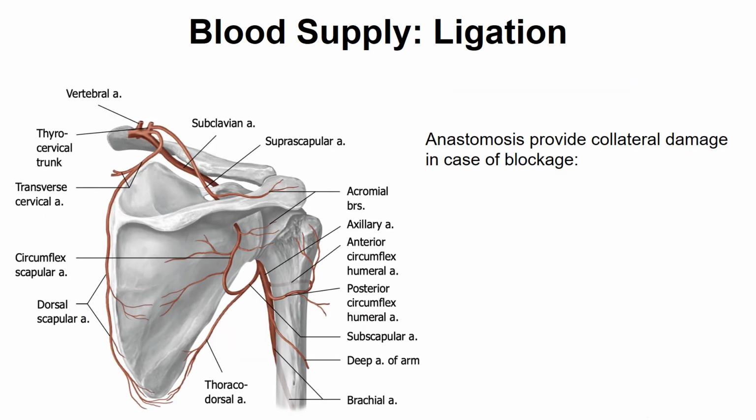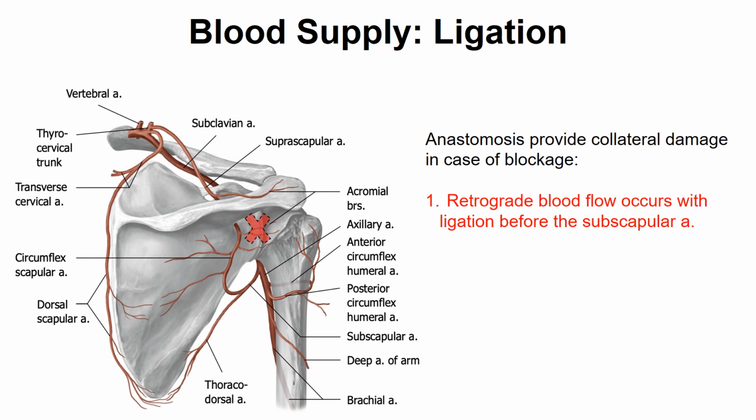What also helps with these anastomoses and connections, like between thoracodorsal and dorsal scapular, and between suprascapular and scapular circumflex, is that where an injury or a ligation occurs will determine the damage and whether the shoulder just completely becomes ischemic.